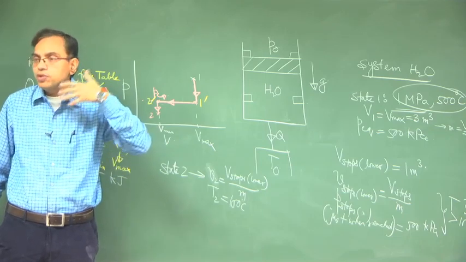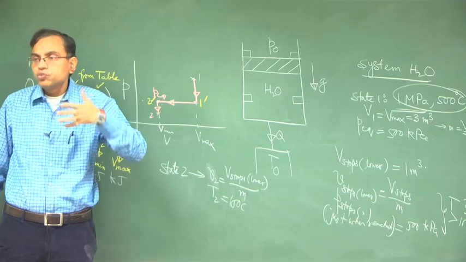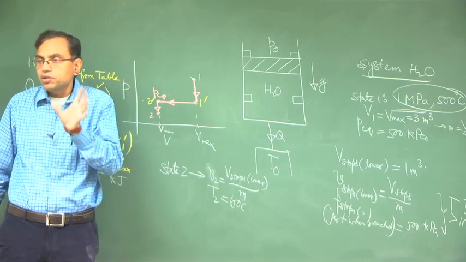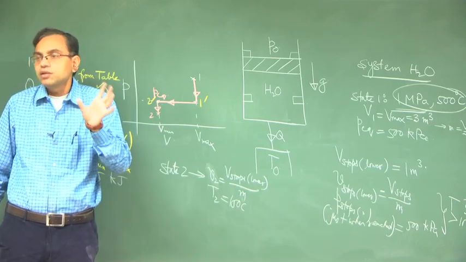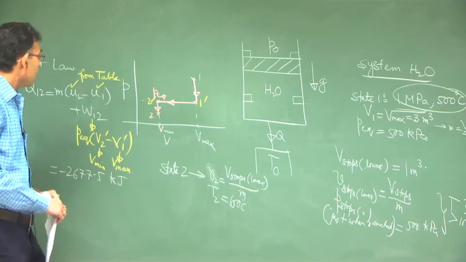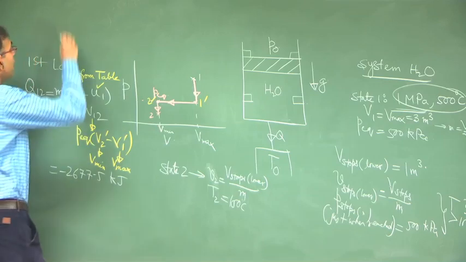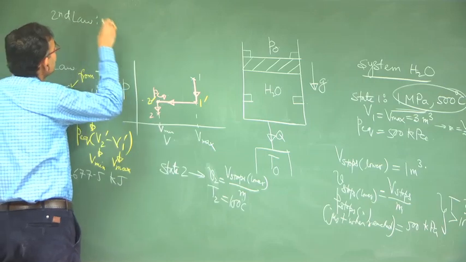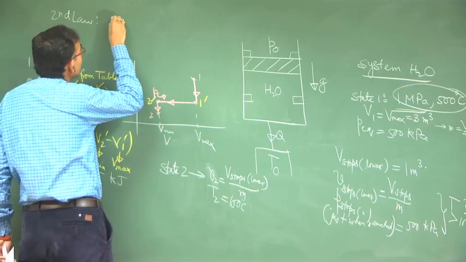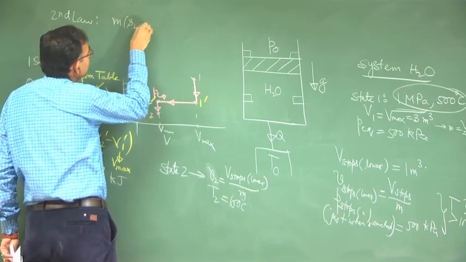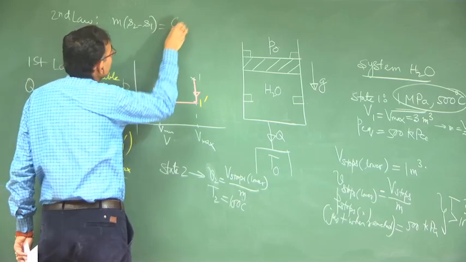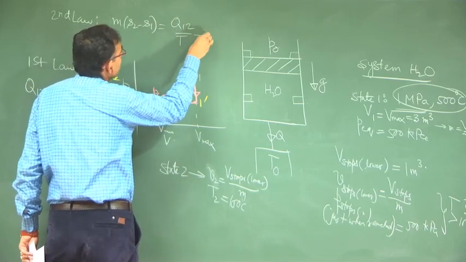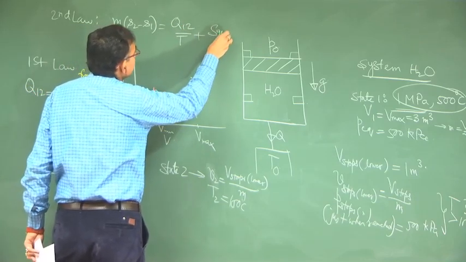These are common sense checks that you can make to make sure that the solution that you are doing is consistent physically. And then we will apply the second law. So, m into S2 minus S1 is equal to Q12 by T plus S gen, right.